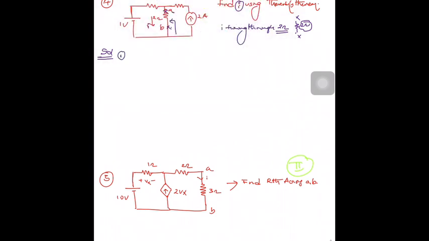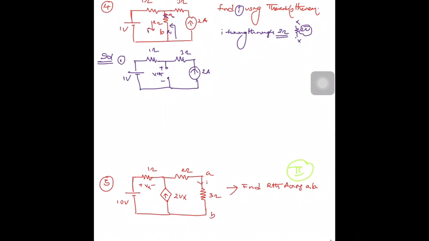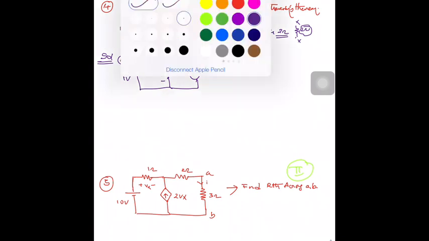First step, remove the element and find VTH. 2 amperes, the element has been removed. 1 volt, 1 ohm, 3 ohm. It is a voltage VTH. So what is the voltage VTH available in this? 2 amperes are flowing here, so these 2 amperes will drop a voltage of 6 volts, and these 2 amperes will flow here also, and will drop a voltage of 2 volts.